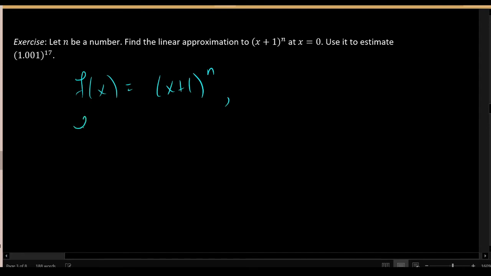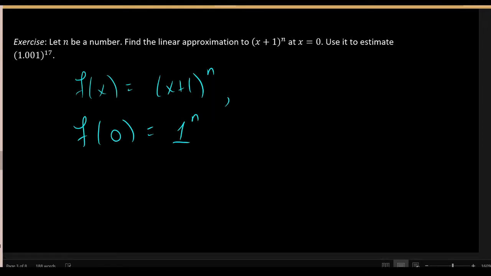Okay, so if I plug 0 into this, then I get 0 plus 1, which is just 1 to the power n. Now we don't know what number exactly n is, but it doesn't matter. 1 to any power equals 1.